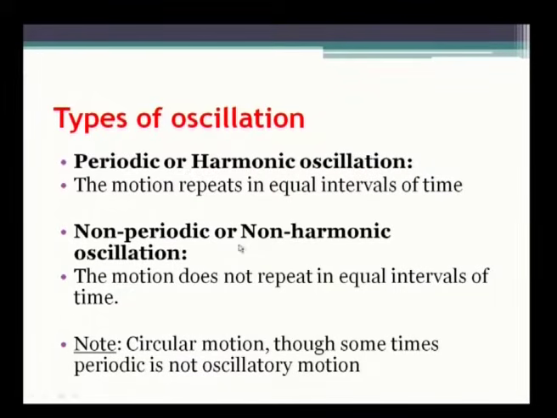The types of oscillation can be mentioned as periodic or harmonic oscillation. In this category, the motion repeats in equal intervals of time. Another category is non-periodic or non-harmonic oscillation, in which the motion does not repeat in equal intervals of time.